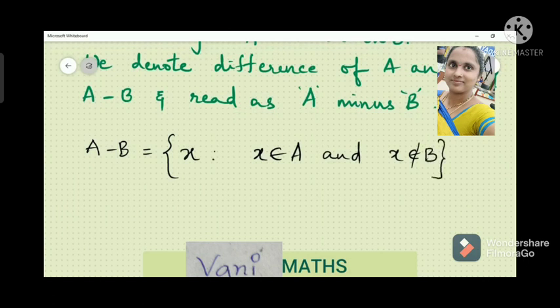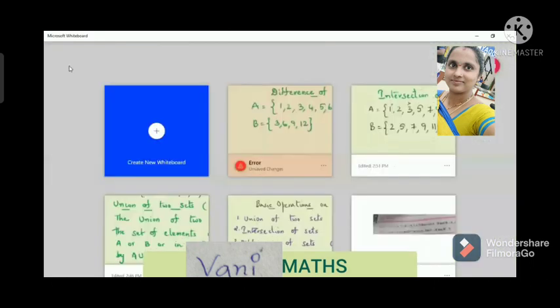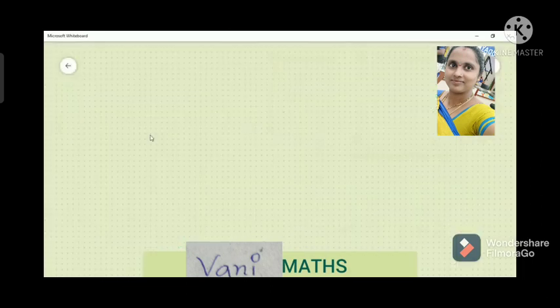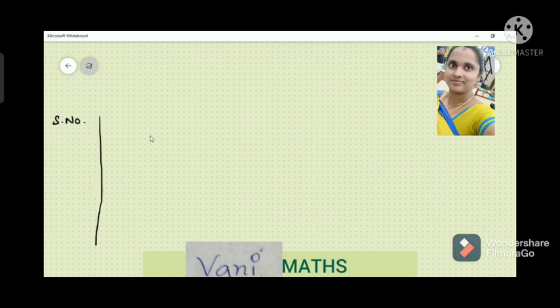Always we have to write the element first. So we have discussed three operations. Let me write all those three operations clearly in tabular form. Serial number, and we are having three operations. First one, name of that operation.